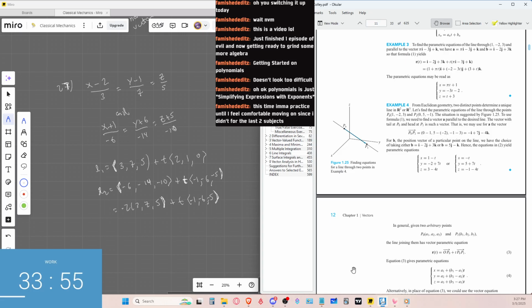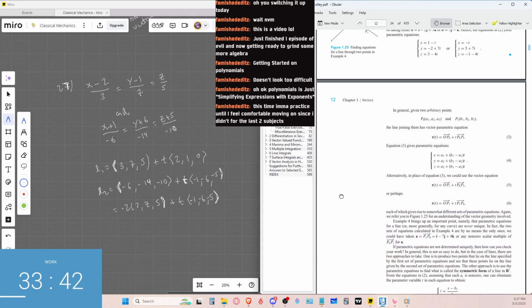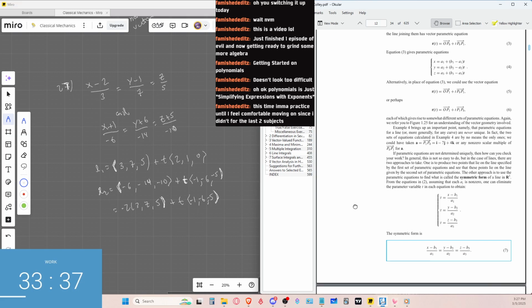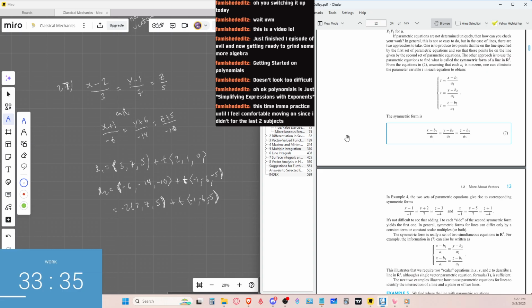Let's see, from Euclidean geometry, let's find the parametric equations of a line through the points. Let's see. Because writing it parametrically doesn't really reveal much.